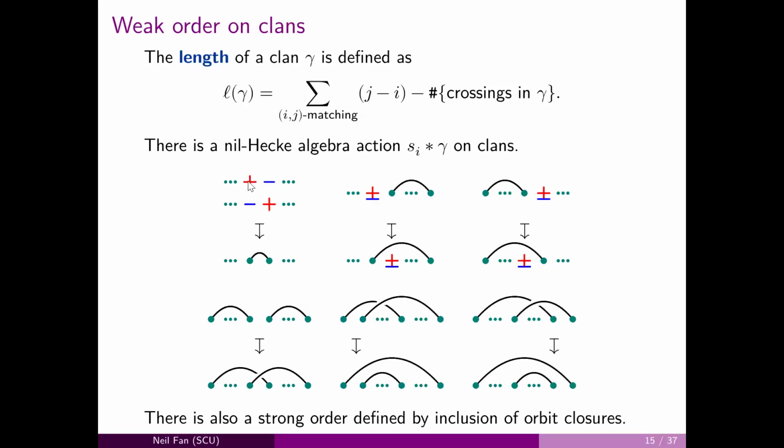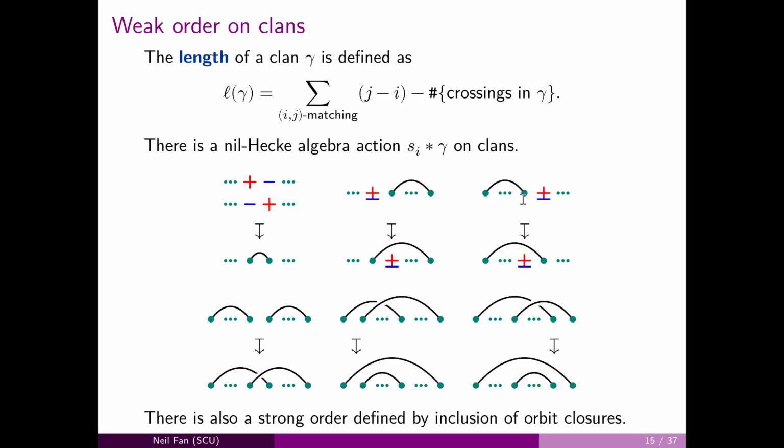For this case, a plus sign followed by a minus sign, or a minus sign followed by a plus sign, we just add an arc. You can see that the length of the clan increased by 1, because the length of this is 0: no arcs, no crossings. If we add an arc on these 2 nodes, the length increases by 1.